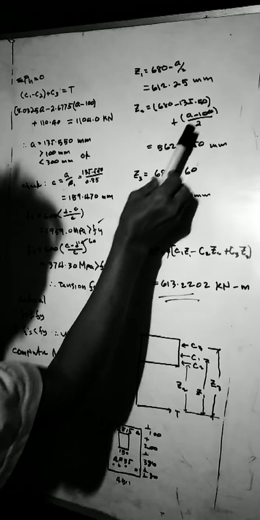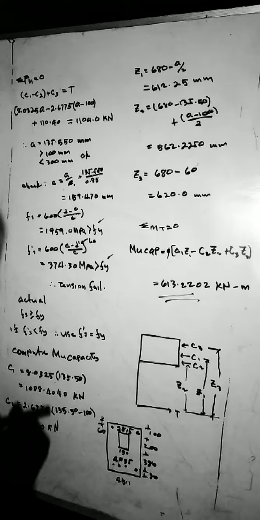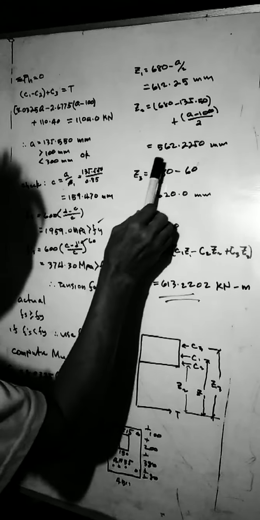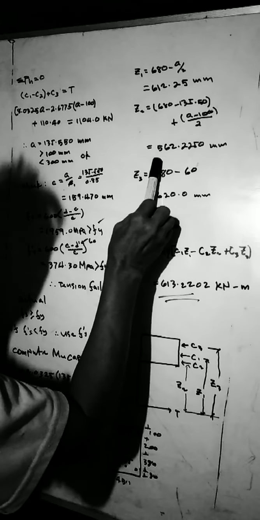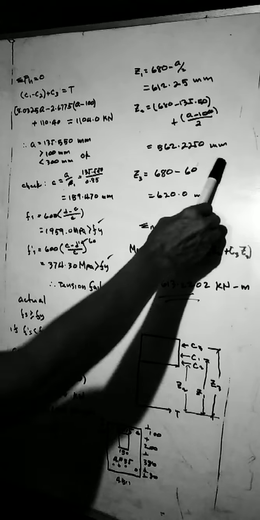This a is 135.550, and the value of Z2 now is giving us 562.2250 millimeter.